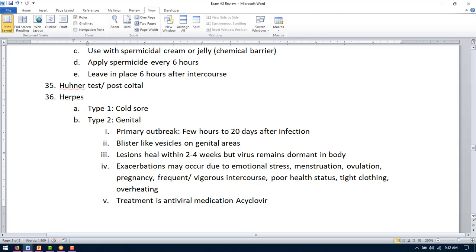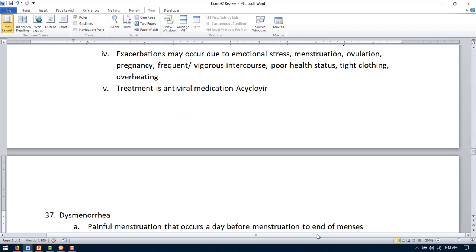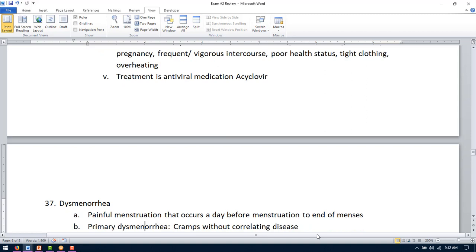If they're ovulating, pregnancy will bring out an exacerbation. Vigorous intercourse, poor health status overall, if their clothing is too tight or they're overheating. Treatment is the antiviral, acyclovir, and sometimes they will take that only at outbreaks or every day. It just kind of depends on what their provider wants.